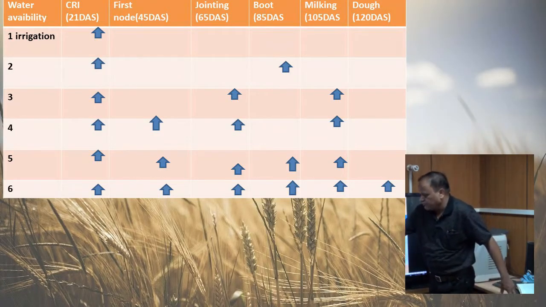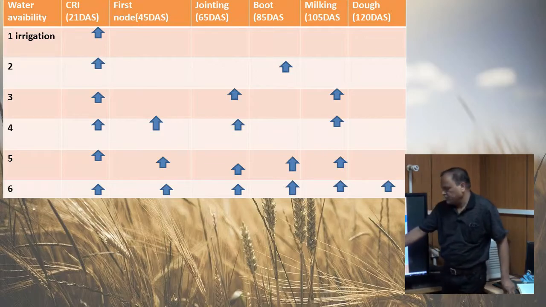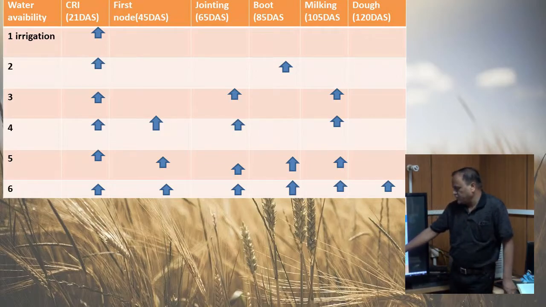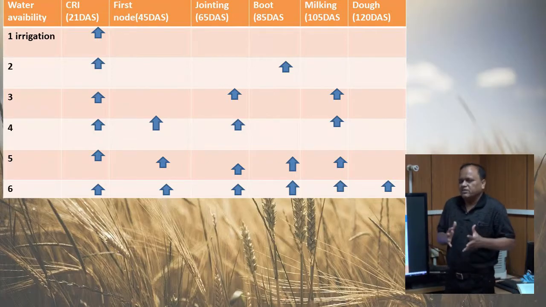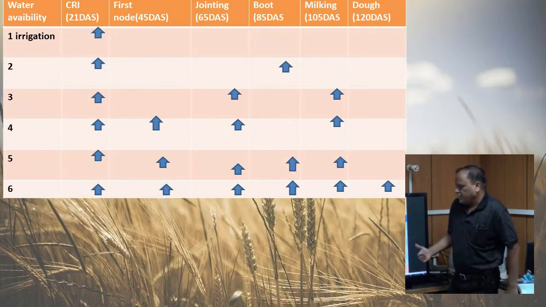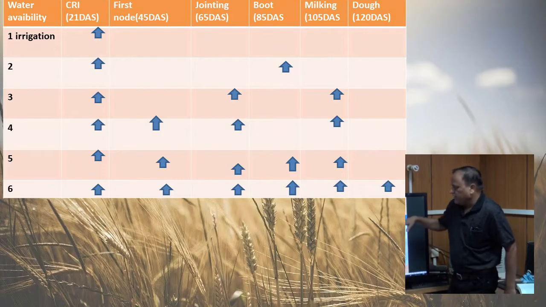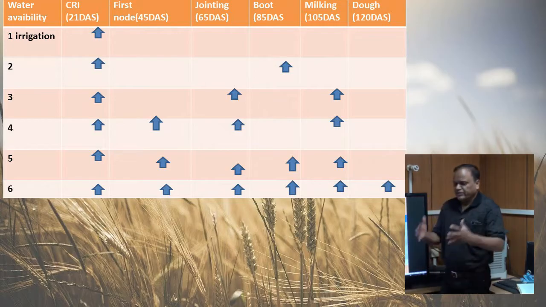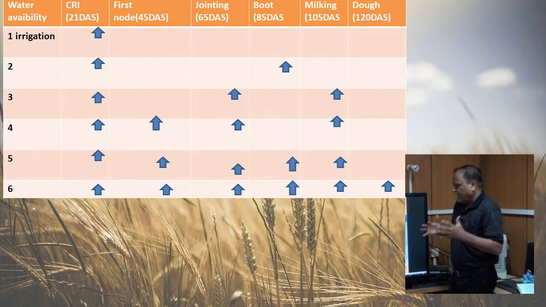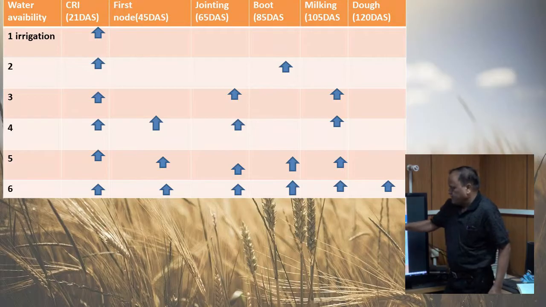If some farmers have five irrigations, then they should apply at CRI stage, first node stage, jointing stage, boot stage, and milking stage. And if there is no limitation of irrigation and he has 6 irrigations, then he has to apply at all the critical stages of wheat, and then they can get the maximum yield.